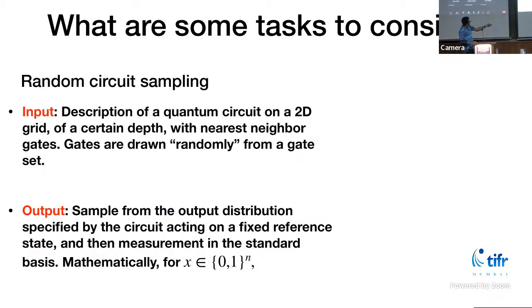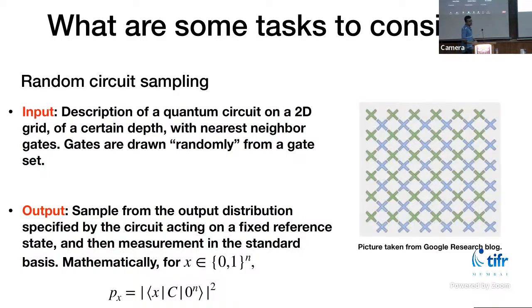So you want to sample from the distribution which is given by the circuit applied to a fixed reference state, 0 to the n here for simplicity, and then we measure in the standard basis. Measurement is a process by which from a quantum state we get a probability distribution, like sample from a probability distribution. This is what Google did, like I said.